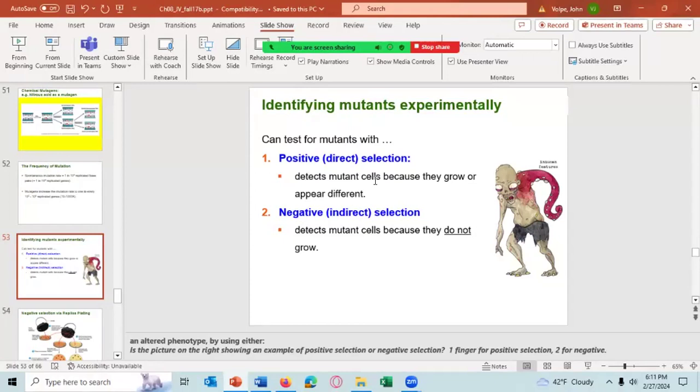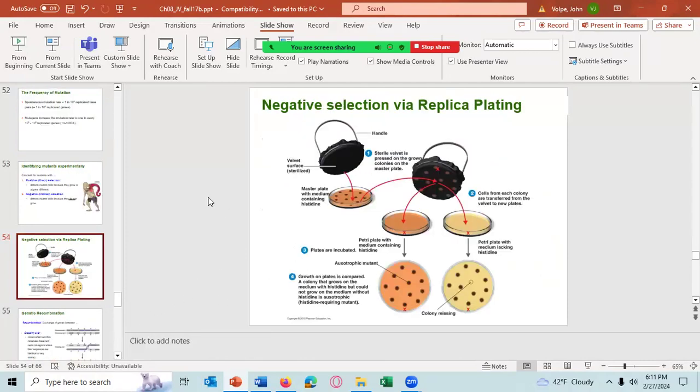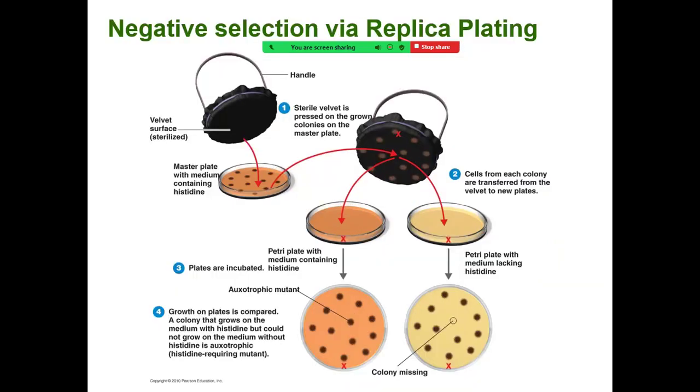All right, a negative or indirect selection detects a mutant cell because they do not grow. I've actually selected for mutants in both ways. Let me explain a negative indirect selection in a little more detail.